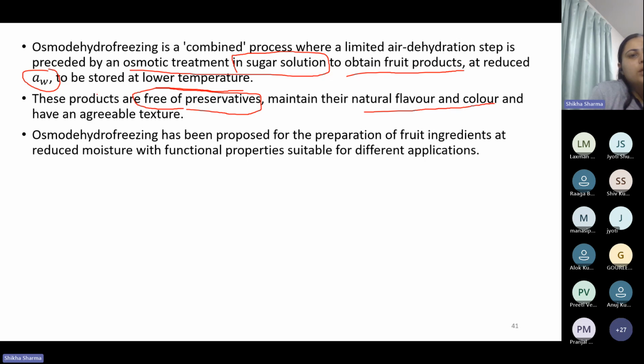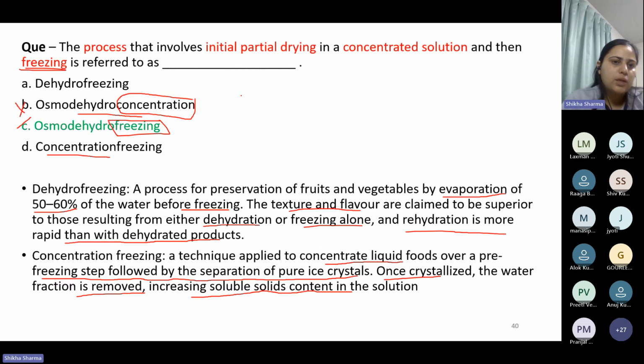Their flavors, colors and textures are mostly the same, and the quality of the food product is less affected, so they are used. Osmodehydrofreezing has been proposed for the preparation of fruit ingredients at reduced moisture with functional properties suitable for different applications. So we have option C as correct.